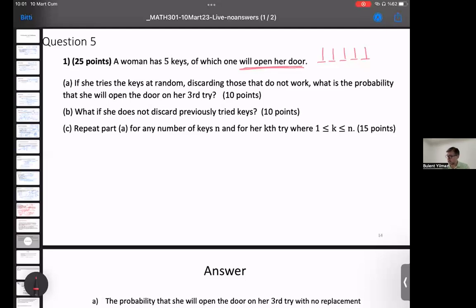Let me say, if she tries the key at random, discarding those that do not work. Discard means get away, remove. Remove those that do not work. What is the probability that she will open the door on her third try?